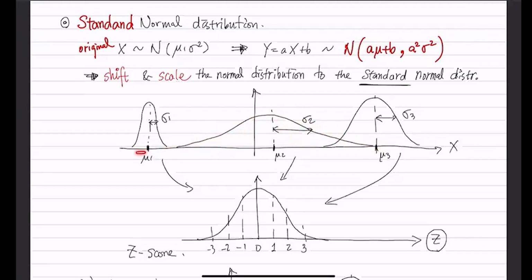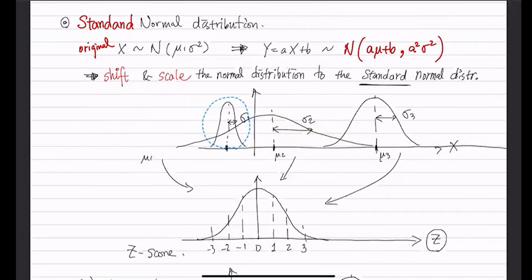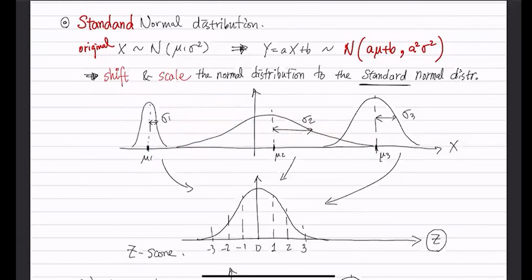If you spread this thing out like that, it's still a normal distribution. Or if you just shift this whole thing to here like that, it's still a normal distribution. All right. So adding a number is shifting this left or right, and multiplying is spreading it out or making it thinner. So it's shifting or scaling.